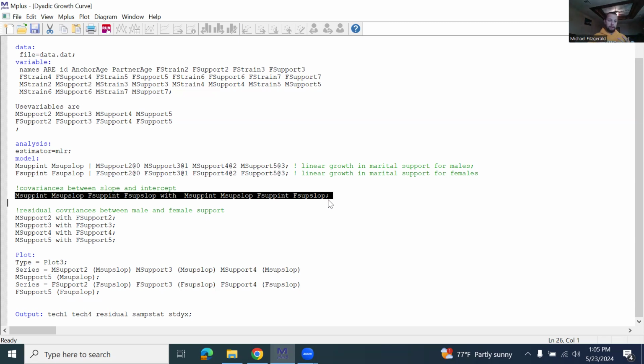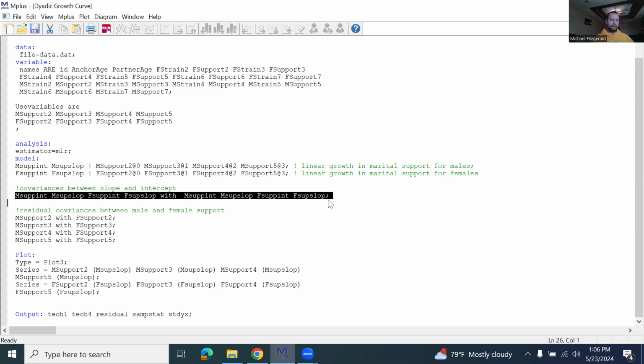But when you're dealing with dyadic data, even if the covariances are not significant, I always recommend keeping them in because it effectively captures the non-independence of the data. And without that specification, if you do set those constraints to 0, then you can see ripple effects in other aspects of your model.